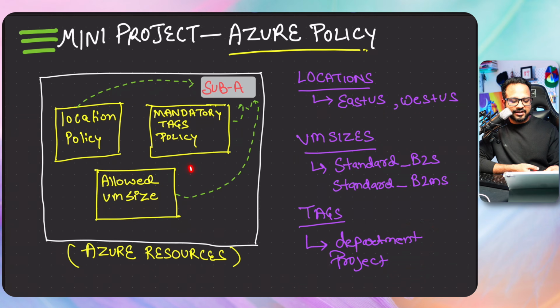And the third one is allowed VM sizes. To save some cost, and for compliance and audit purposes, only these two VM sizes are allowed to be provisioned. If a user is using any other VM size, it won't be permitted.